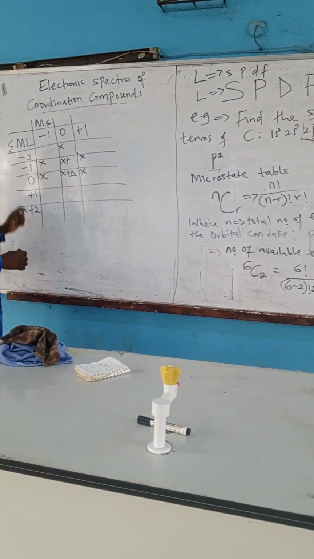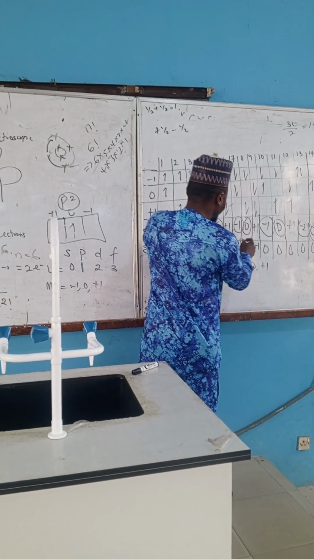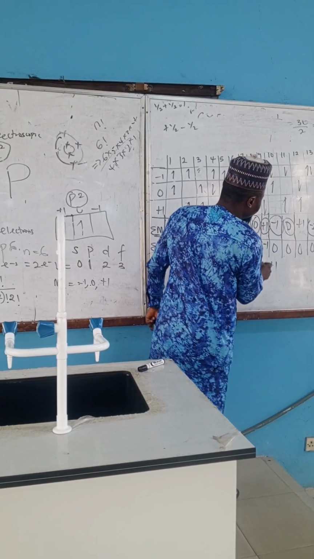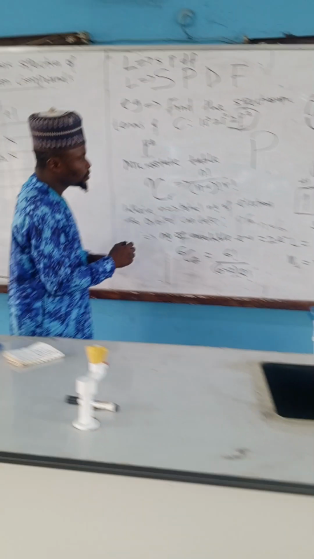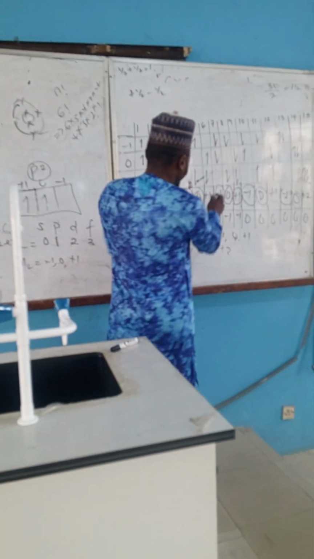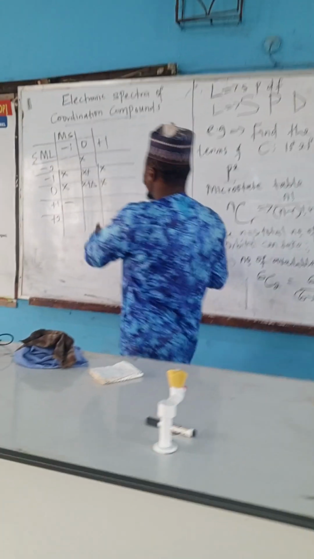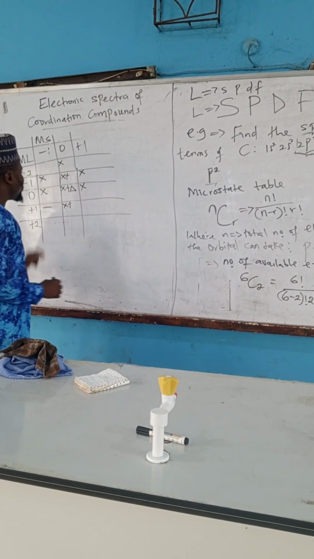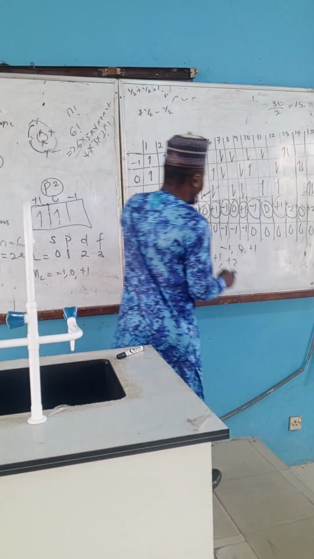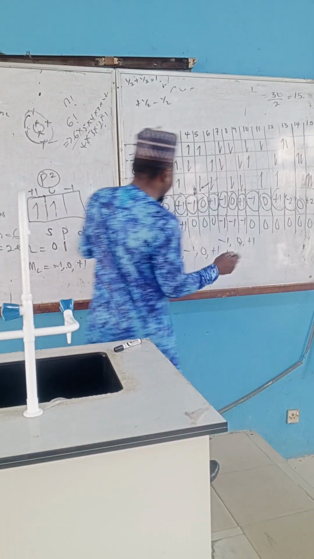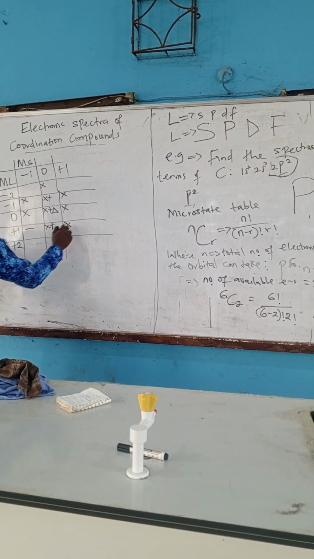1 against minus 1, we only have 1. 1 against 0: we have 1, 2. 1 against 0: we have 1, 2. 1 against 1, we have 1, and that's all. 1 against 1, we have 1.